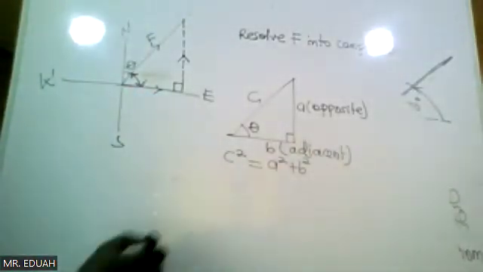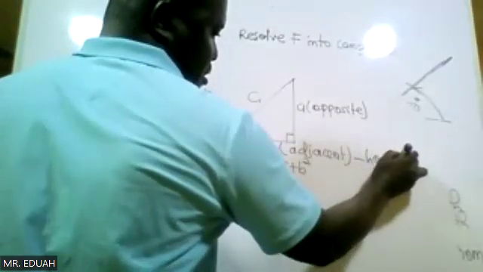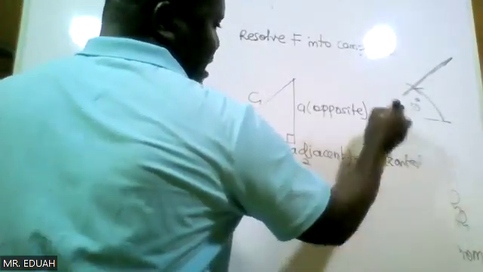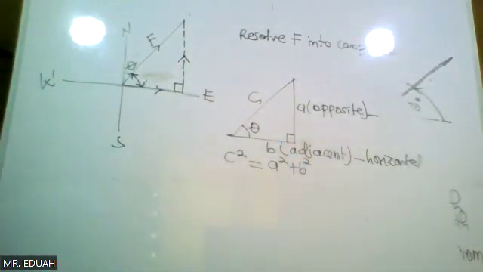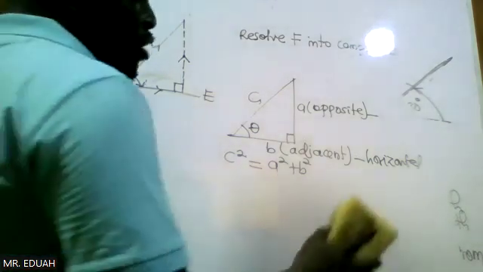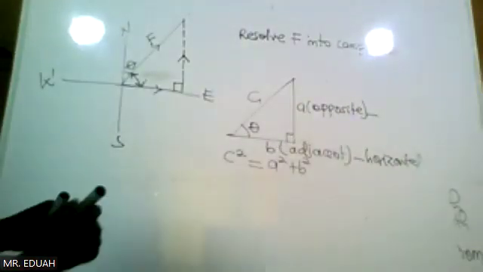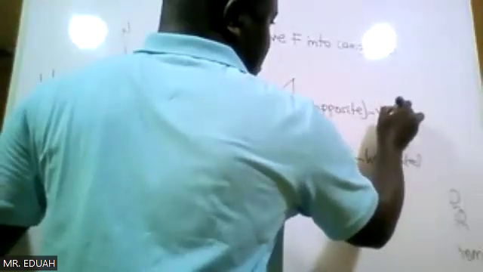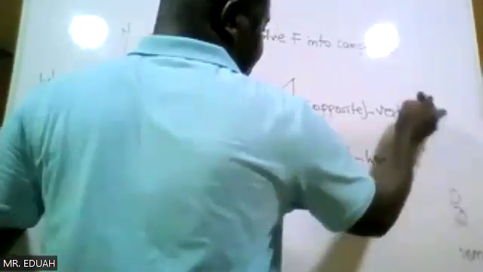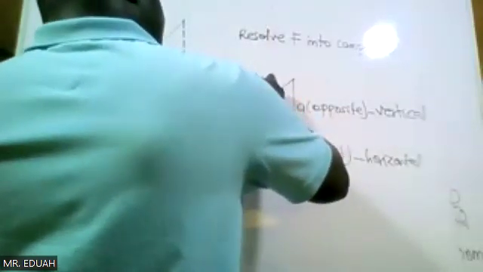In fact, the adjacent is also known as the horizontal, and the opposite is also known as the vertical. So either I talk about opposite or vertical, or adjacent or horizontal. And then C is the hypotenuse.